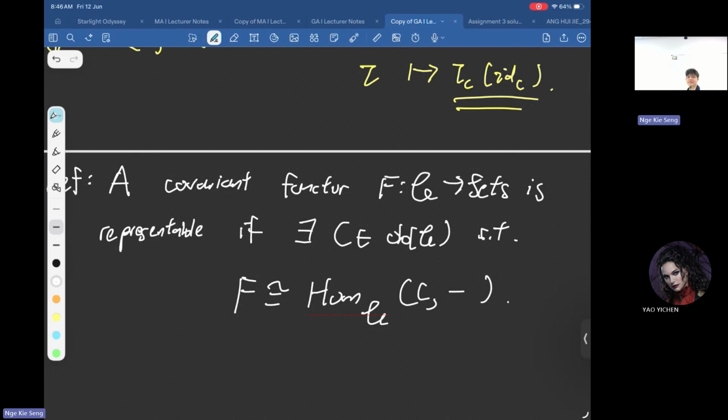行。Sometimes this object here, I would call it a representable object. Sorry. This functor we call it representable functor, and then this object should have a name. There's a name for this.